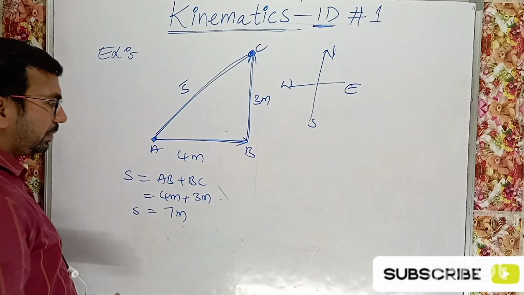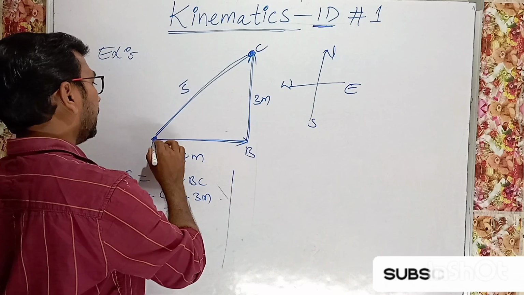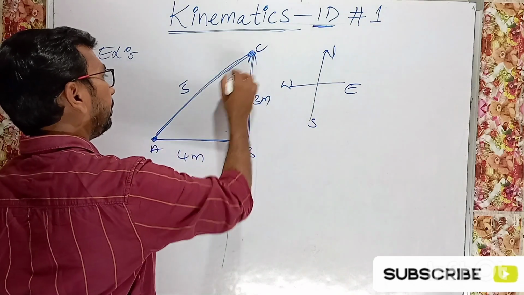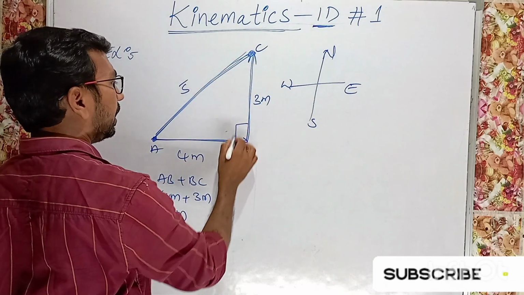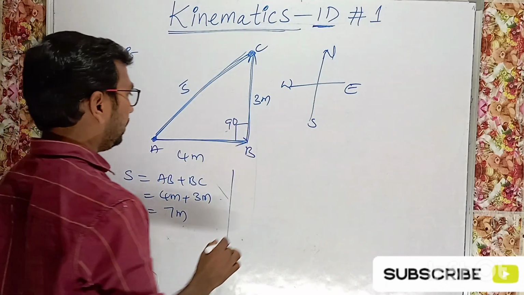Distance is 7 meters. What about displacement? Displacement means shortest path. This is the shortest path you can find out. This is a right angle triangle, so by using Pythagoras theorem you can find this.